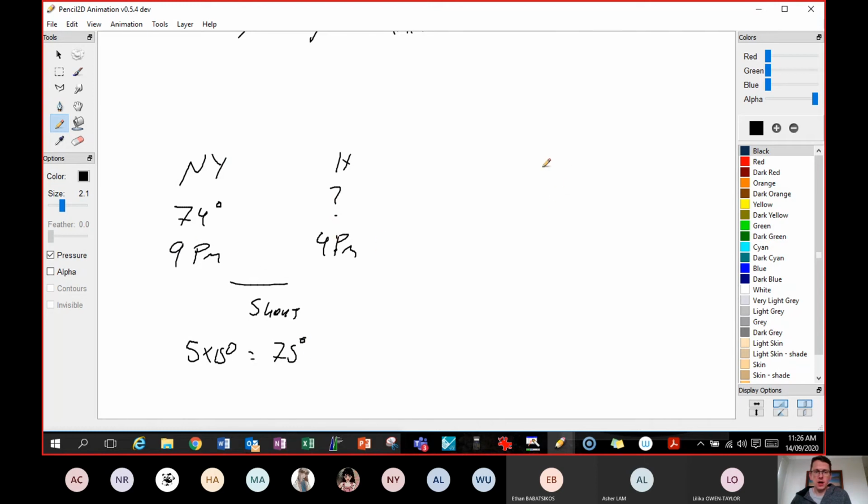Now, if it's 9 p.m. in New York, if you think about this, if it's already late in New York, remember the Earth rotates this way. If it's 9 p.m. here, where would it be earlier? If you went this way, it would be 9 p.m. or later, easterly. So it's earlier the other way, which means Honolulu, 4 p.m., would be over here.